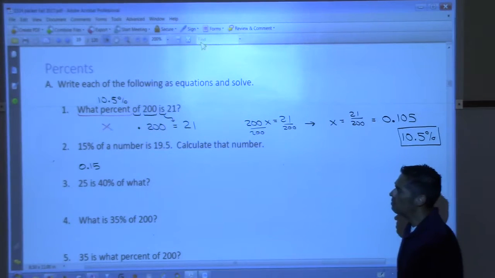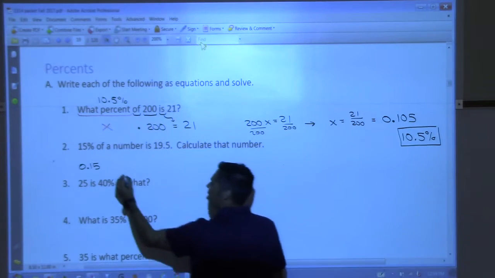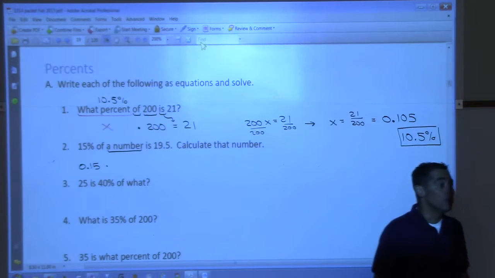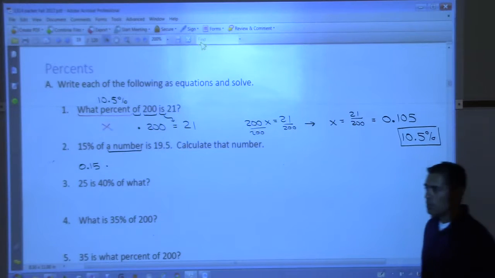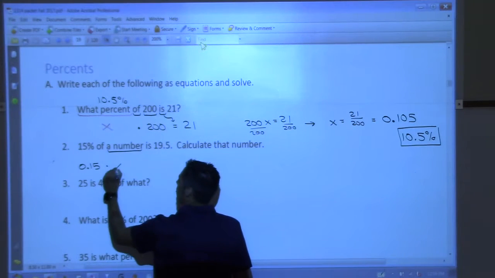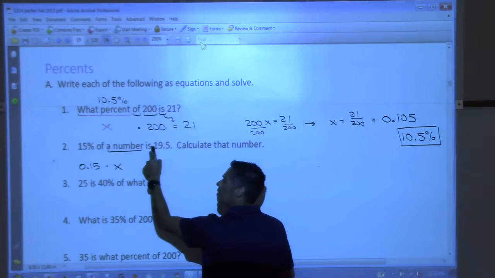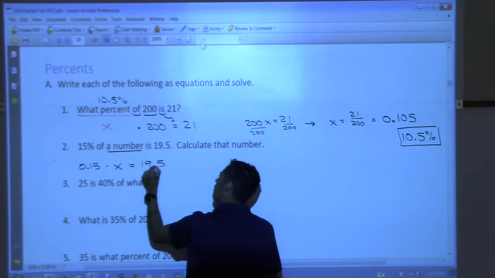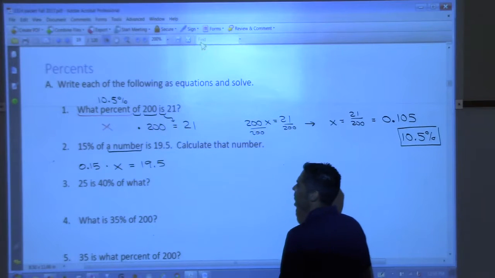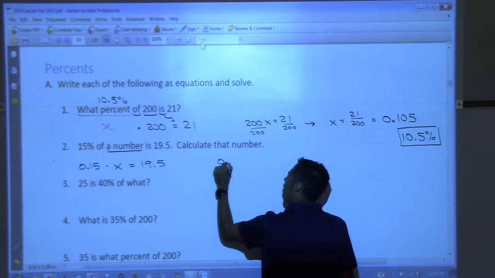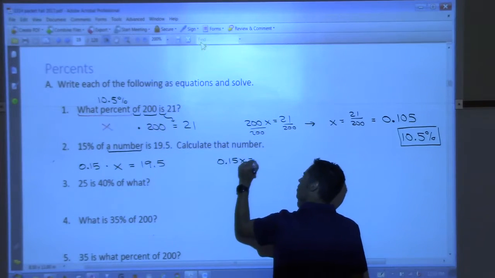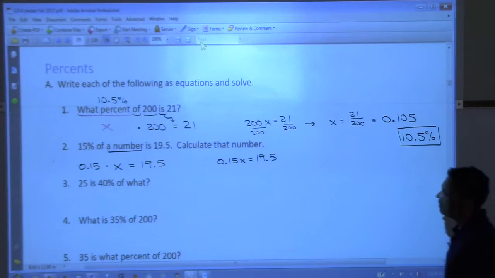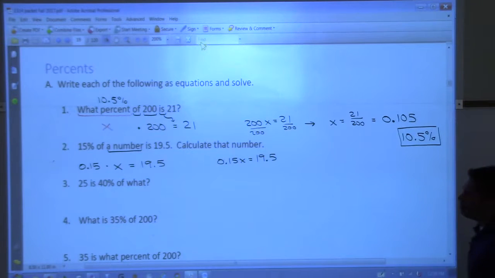"Of" means times, so I have times a number, x, that's what we're looking for. "Is" equals 19.5. So we have 0.15x equals 19.5. How would you solve that for x? Divide both sides by 0.15.